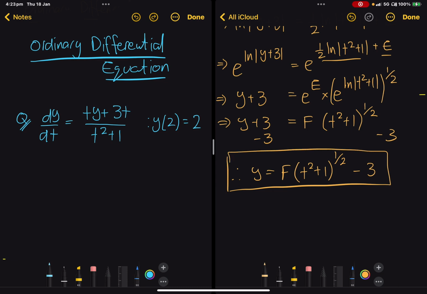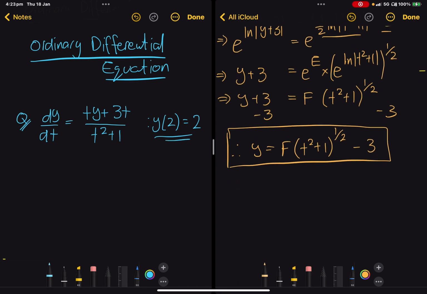It's a general solution because it has an f, a coefficient f that we don't actually know. And this f will vary depending on this initial condition over here. So now we need to let t equal 2 and let y equal 2. When we plug these in, everything will resolve and we'll just have an f. F will be the only unknown thing.